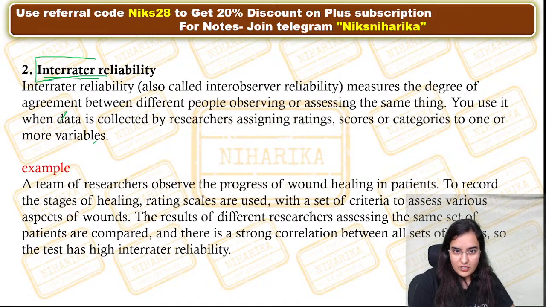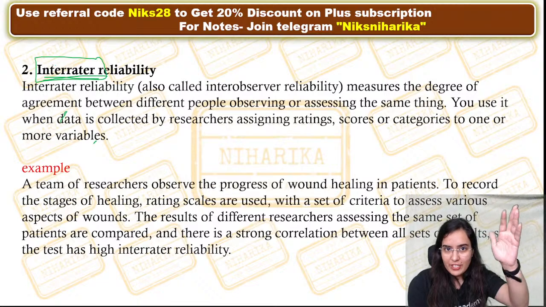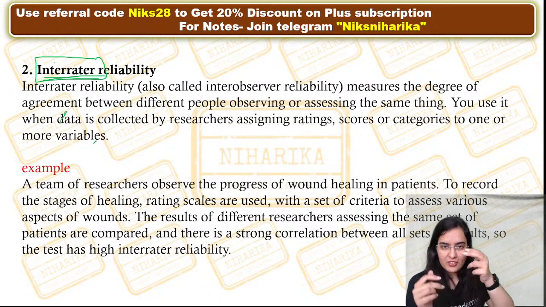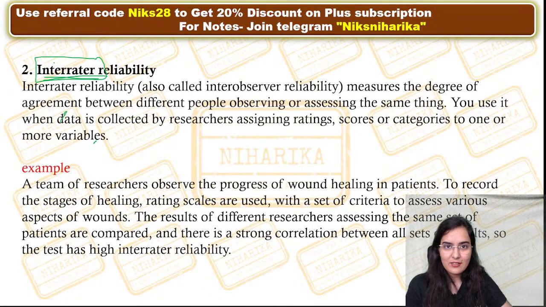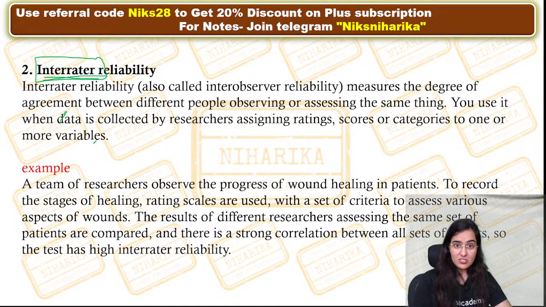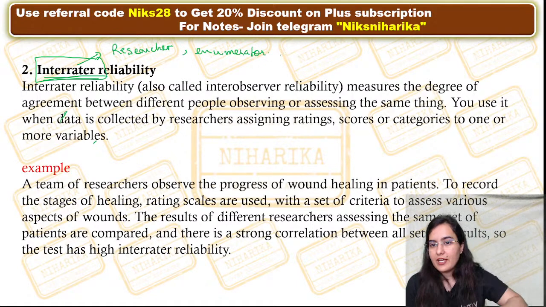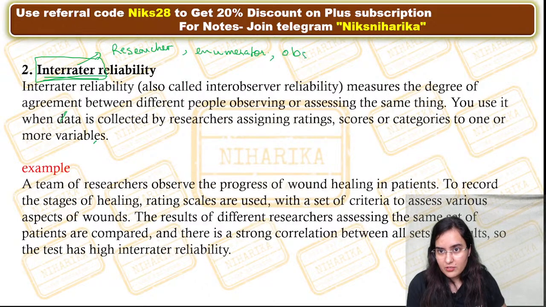Here the meaning of inter is between two different, and rater is actually the researcher, that scientist, that enumerator, or you can say the observer, who gives the rating.